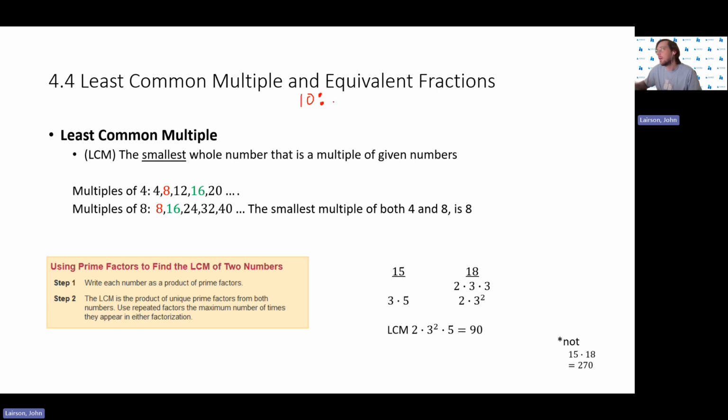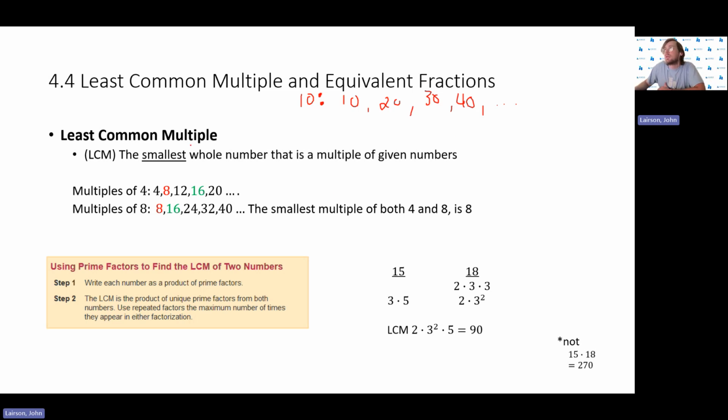Now, the easiest way to find the multiples of 10 is just counting by that number. Counting by 10s is really easy. This is 10, 20, 30, 40, and so on. And there's an infinite amount of them, because we could pick any number to multiply it by as a multiple. But counting by that number is the easiest way to go about what we're doing here.